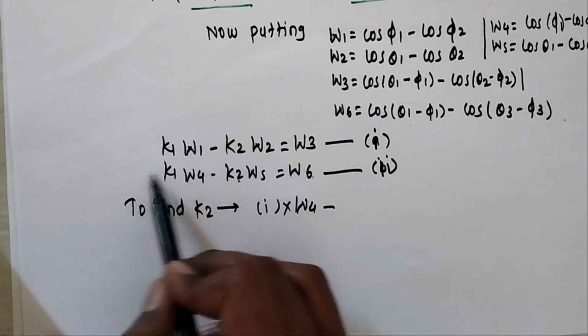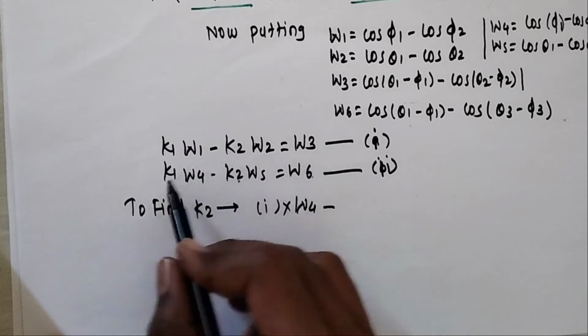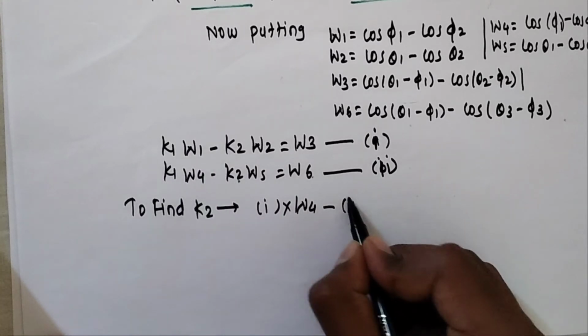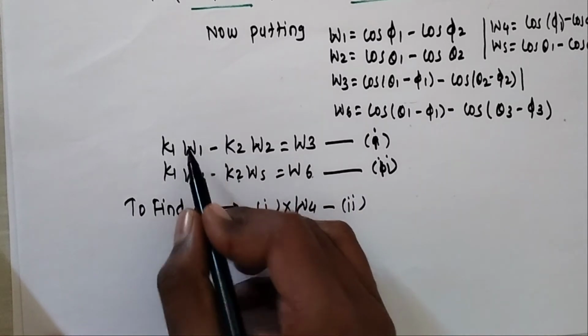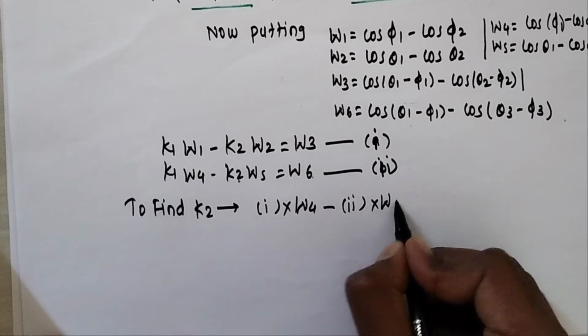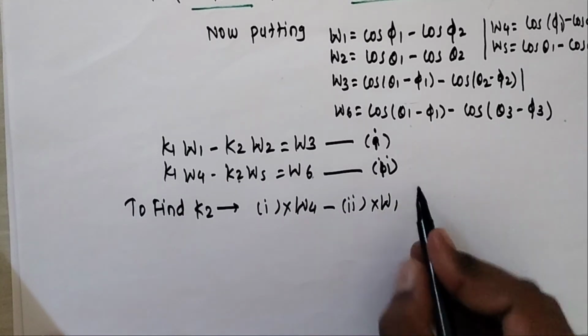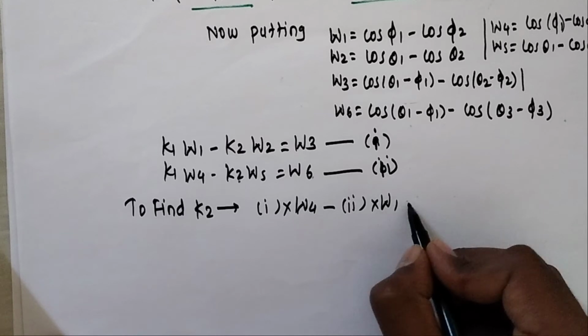If I subtract, this gets cancelled. So 1 into W4 minus 2 into W1.